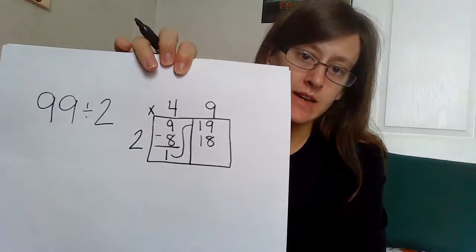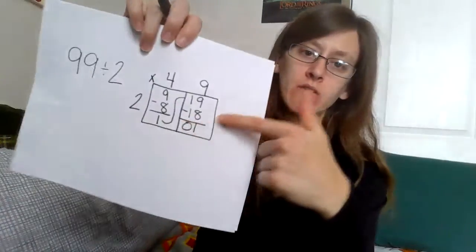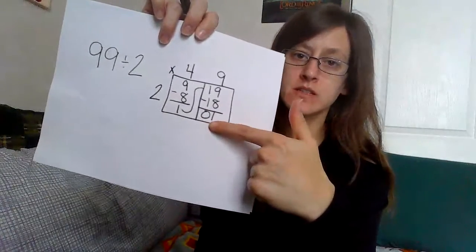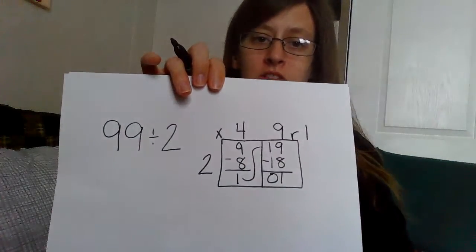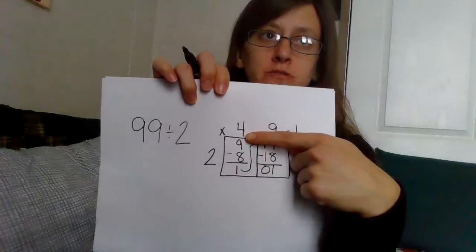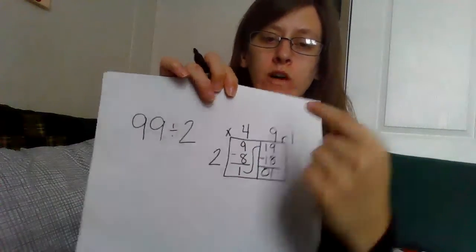Then subtract 19 minus 18. 9 minus 8 gives me 1. 1 minus 1 is 0. I don't have another column over here to bring this to, so then my remainder is 1. If I'm trying to divide 99 and 2, I have a quotient of 49 R1.